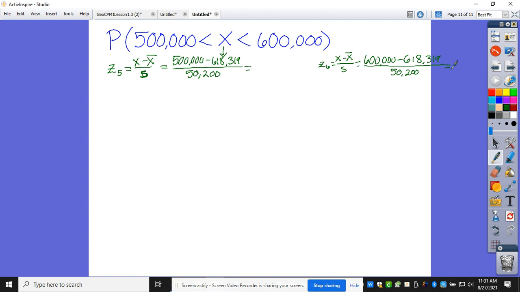Negative 2.36. I don't want anybody to get confused there, those are separated. What do I get for my second one? Negative 0.36.